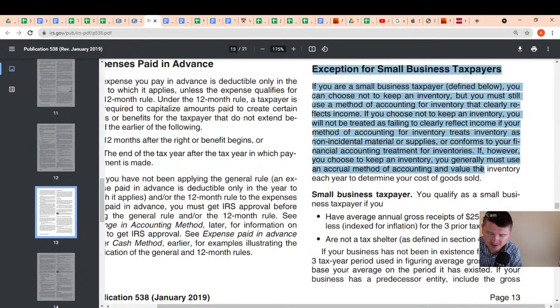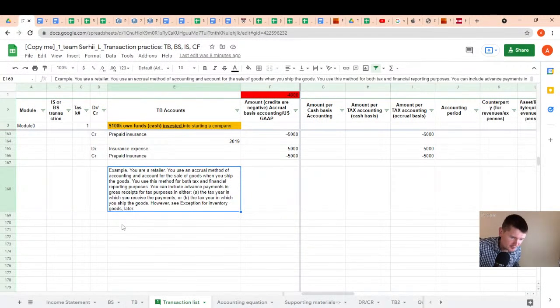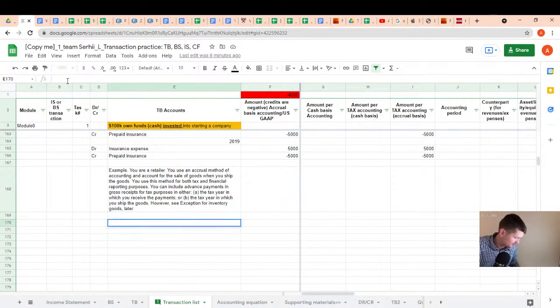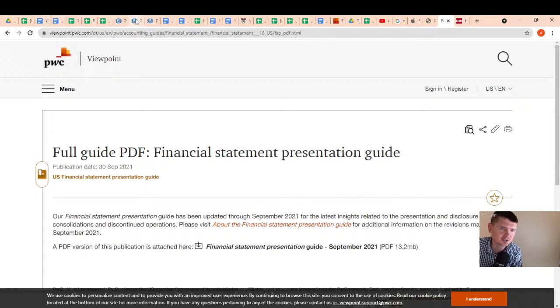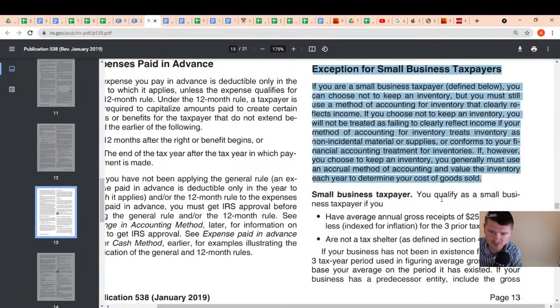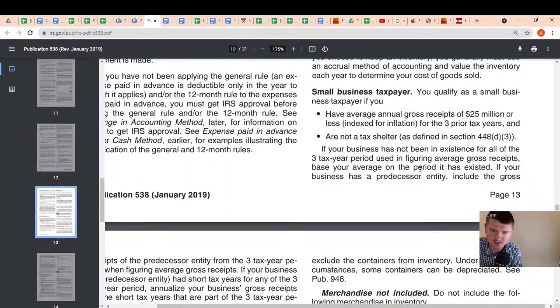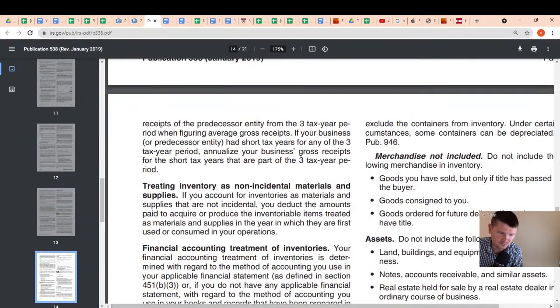I will copy that exception because it doesn't sound conclusive to me in terms of whether they are talking about only incidental inventories like materials and supplies, or if they basically allow a small business taxpayer to deduct all amount of inventories.